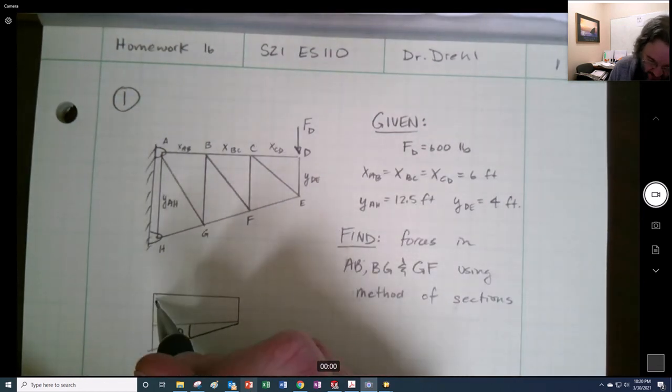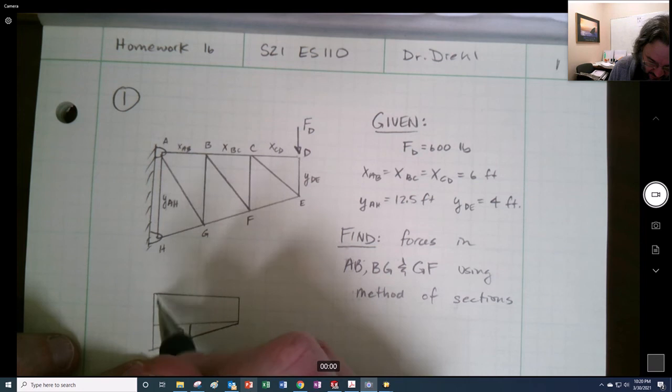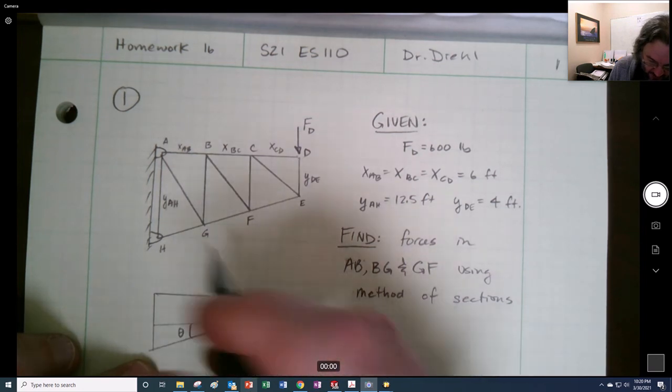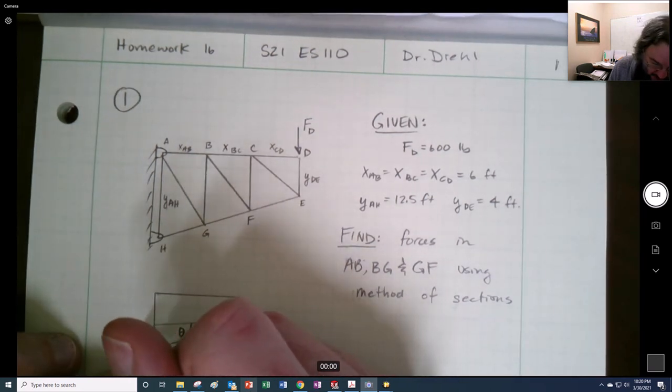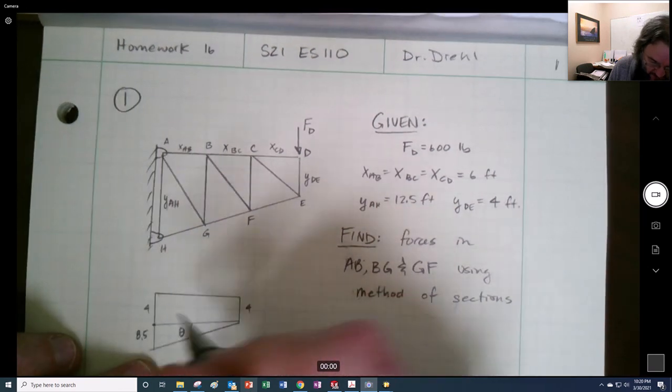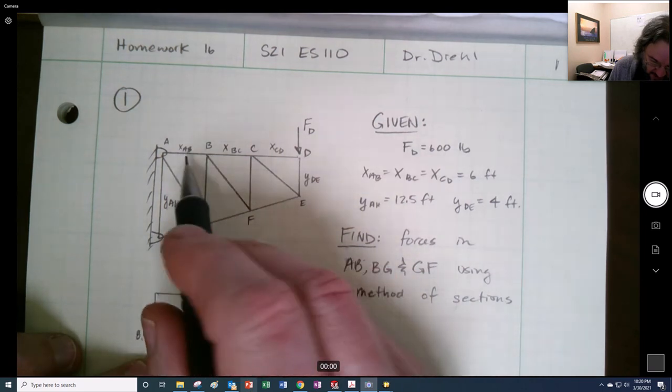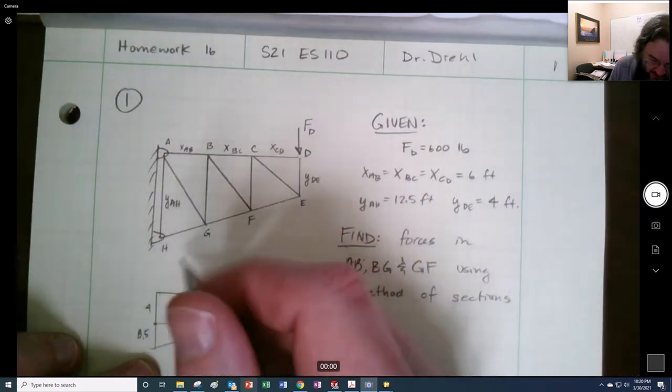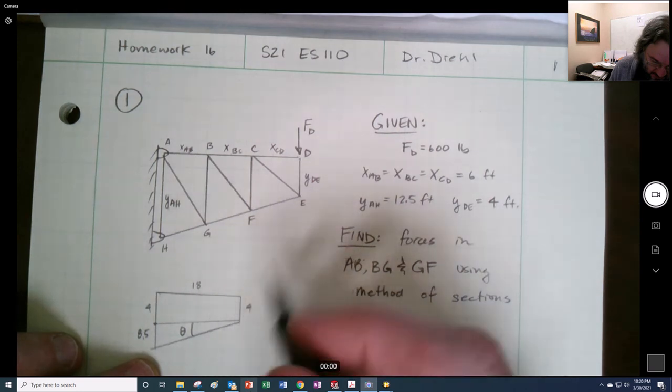Okay, so if this is 12.5 and this is 4, then this one here is 8.5, right? Because this is 4 and this is 4, and each of these is 6, this is 18, right?